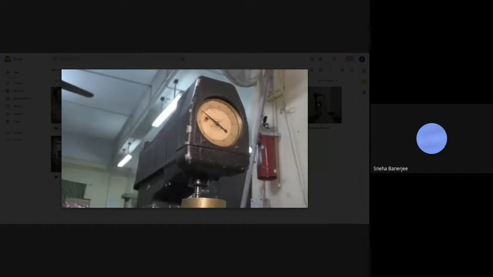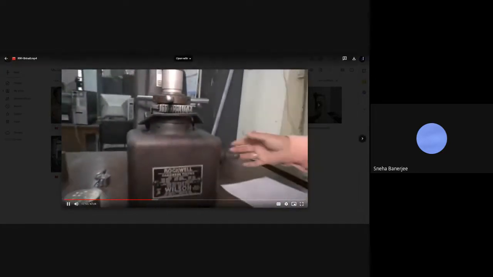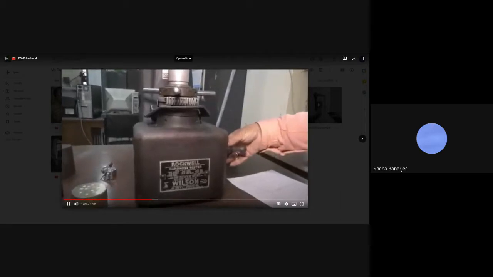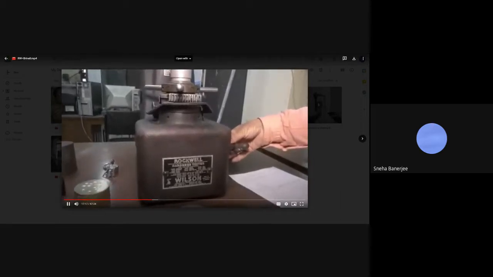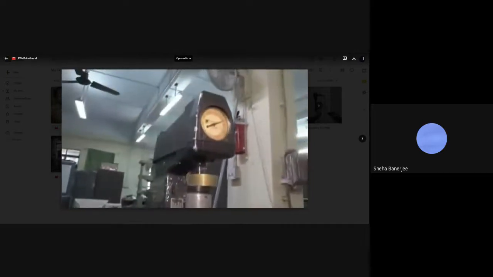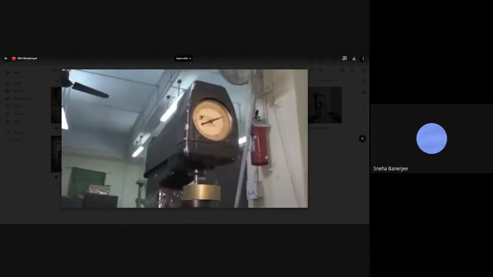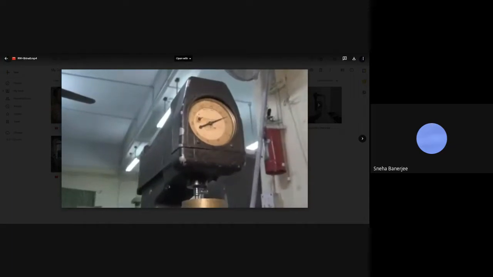Gradually the load is being applied. Now the dial gauge pointer stops, and now he will rotate that particular handle to find out how much is the permanent deformation value. Actually, this is not the permanent deformation value. I will discuss that. How much is the value you are getting? 55. So once again 55.